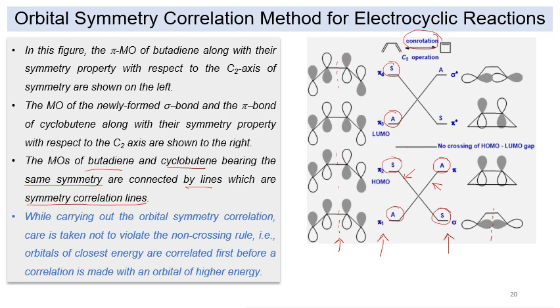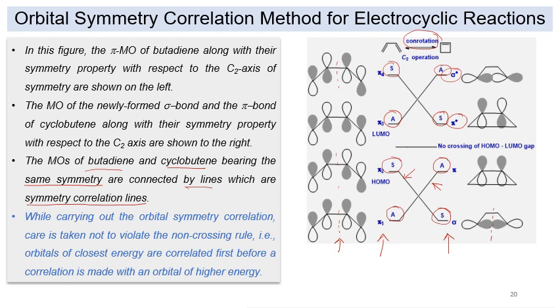Similarly, if we see pi star, we can see with respect to C2 it is symmetric, whereas the sigma star is anti-symmetric with respect to C2. So we correlate these molecular orbitals of butadiene and cyclobutene, which bear the same symmetry, and we connect them by lines called the symmetry correlation lines.